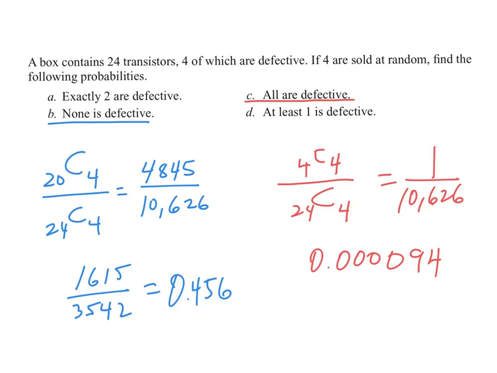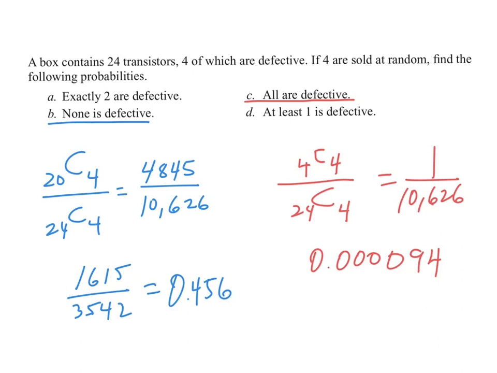Now, let's talk about at least 1 defective. Here's what this means. We're going to look at the situation. When we get that at least phrase, what we're going to be doing is subtracting from 1.